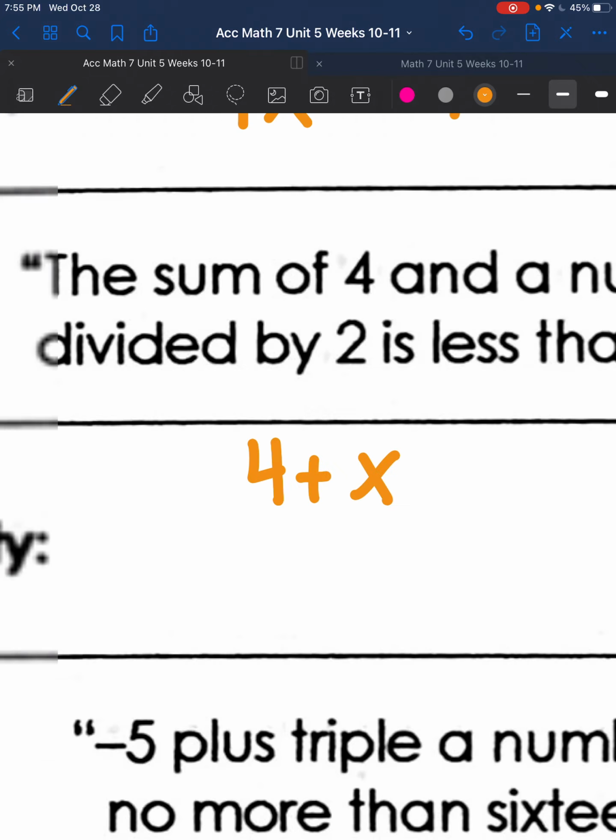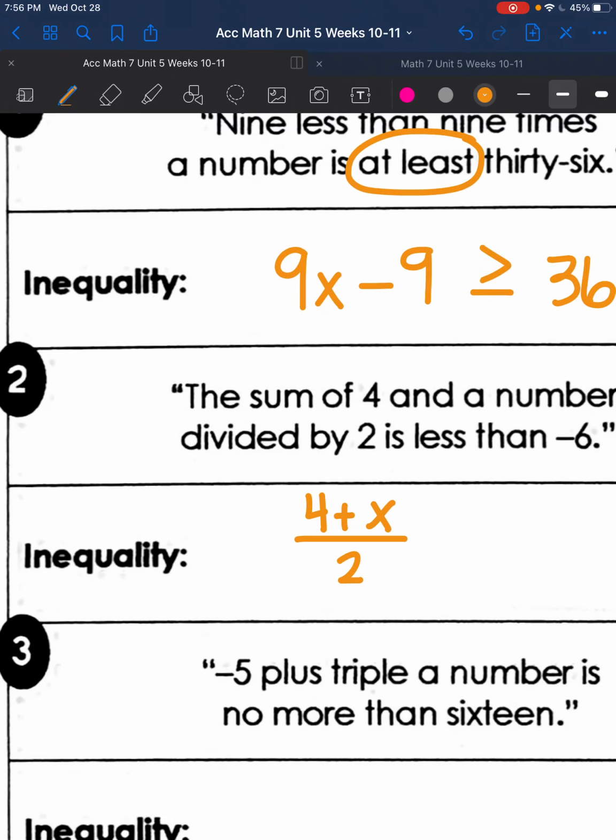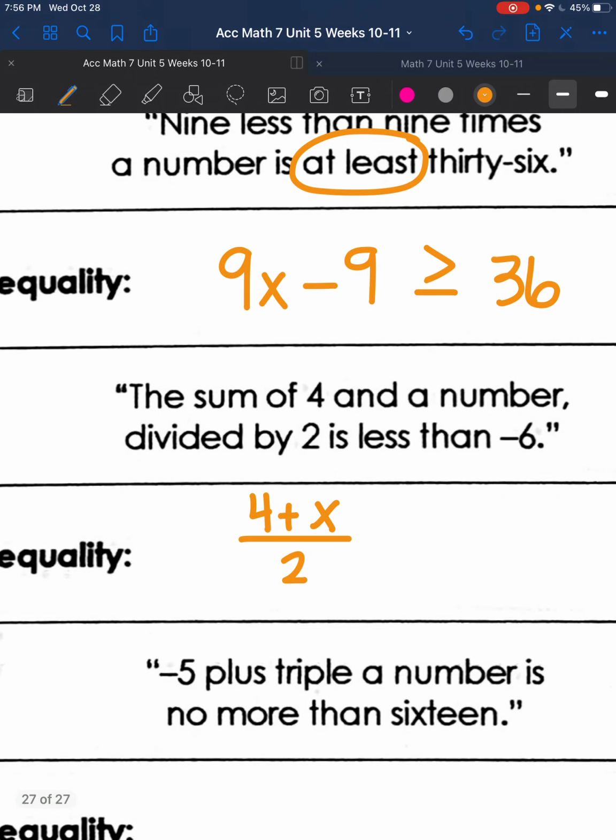But I know that this part is divided by 2. So I'm going to make that my numerator and put 2 on the bottom as my denominator. So now I have the sum of 4 and a number divided by 2. And I know that this is less than, which matches the inequality sign, negative 6.